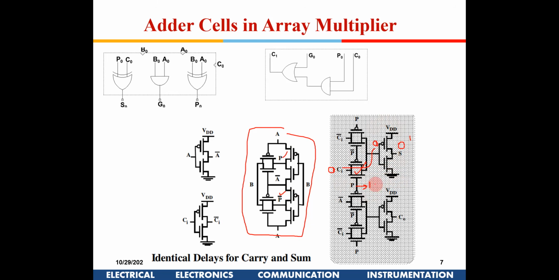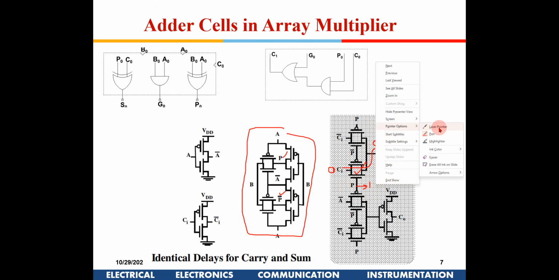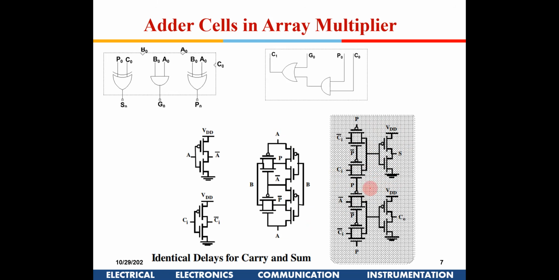Now if you consider how the carry is done, let's take a case where propagation is 0. So the top gate will be enabled in that case, because this is the propagation signal being given to the top gate. Now suppose A is 0.